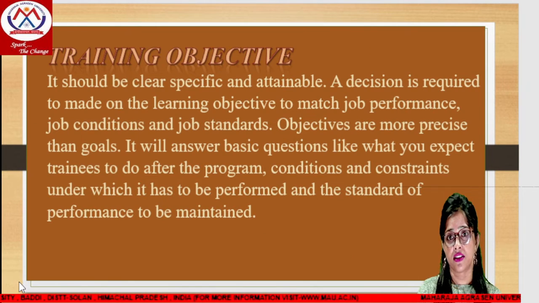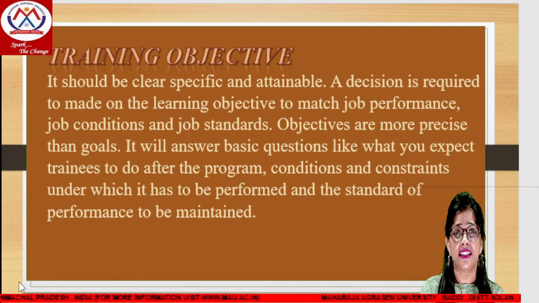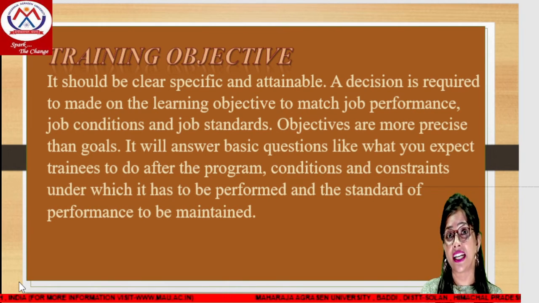The very first step in the training program is the training objective. It should be clear, specific, and attainable. A decision is required on the learning objective to match with job performance, job conditions, and job standards.